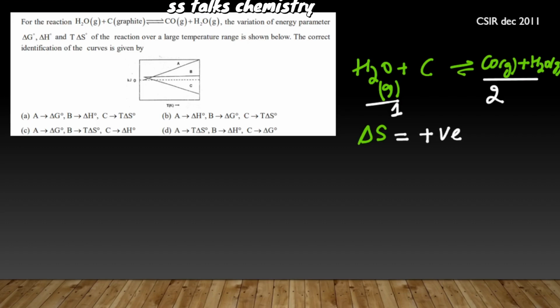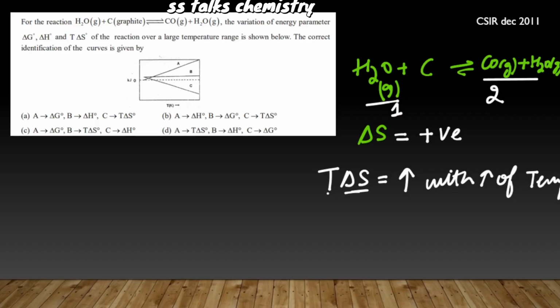Right. So that means T delta S, with the increase in temperature, is positive. Multiplying this with the temperature, and that too an increasing temperature, the overall value is going to increase with the increase of temperature. Right? This is what we will be seeing.